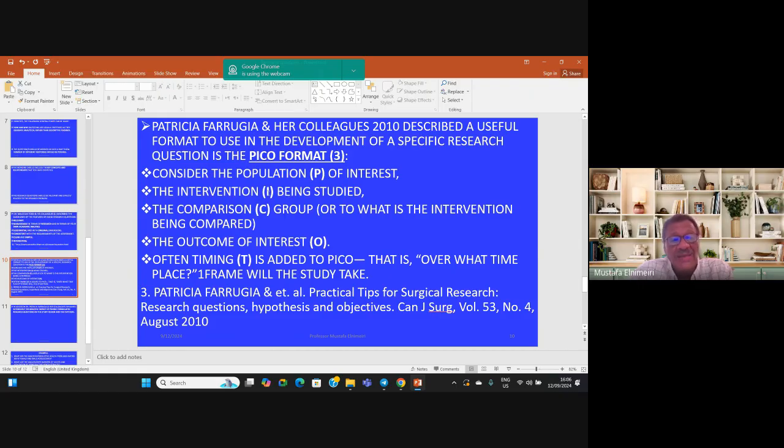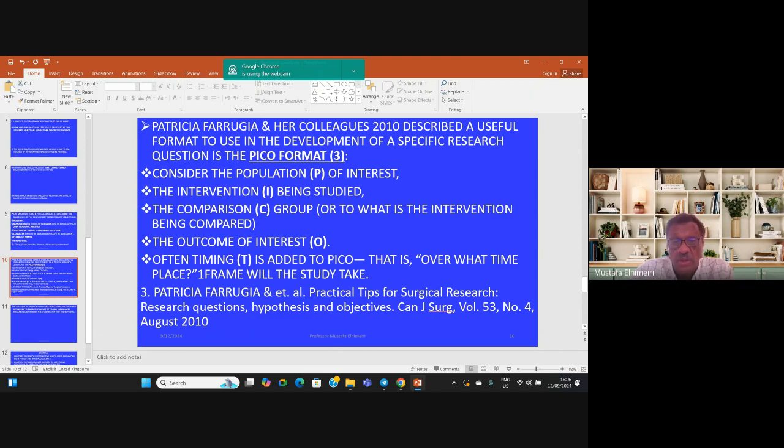The I stands for the intervention being studied, what type or sort of intervention you are planning to carry out, whether you are planning to conduct, for example, a clinical trial with different types, whether you need to have two arms only in the clinical trial or more than two arms.